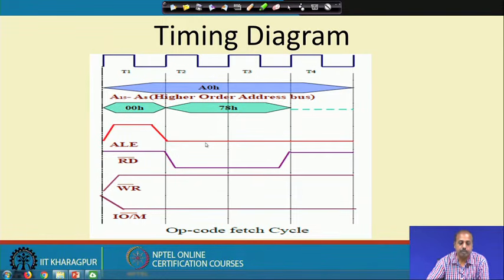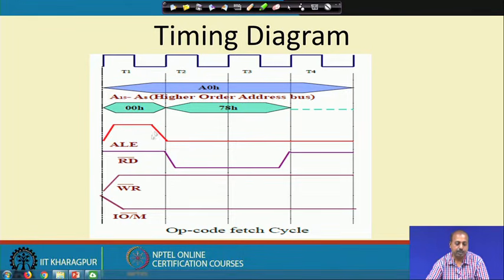Now, since this is a memory read operation, as fetch is a memory read operation, the read bar signal is activated at the beginning of T2. During T1 ALE was active, during T2 the read bar signal is active. This read bar signal goes low, telling that it is asking for the instruction or the data from the memory.